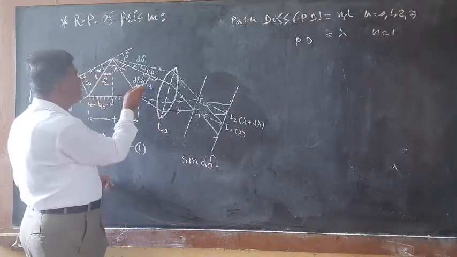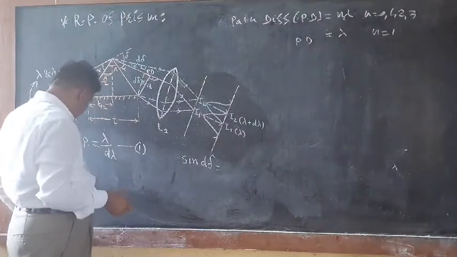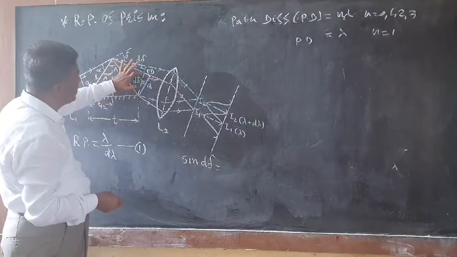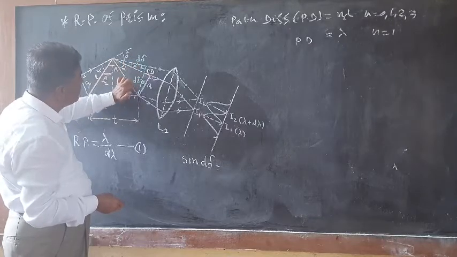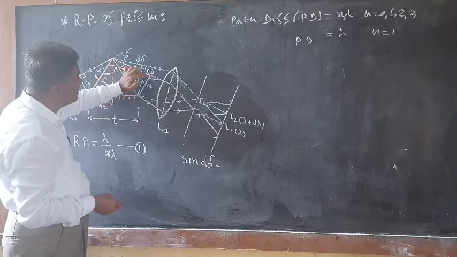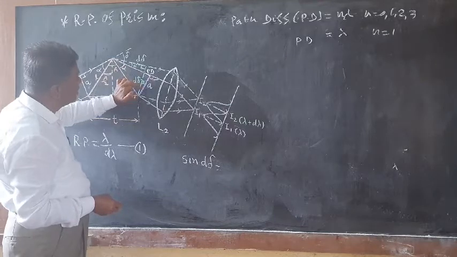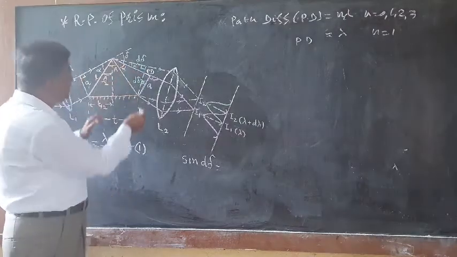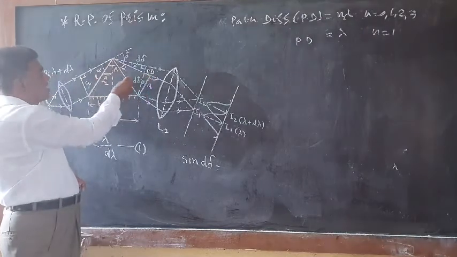We consider this a right angle triangle, and these two sides are taken to be the same. This is A, this is the right angle, and this is the hypotenuse, and as this is d theta, we will consider this an arc like this.